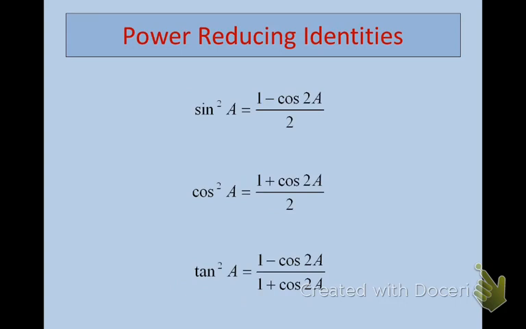All right, your power reducing identities. Notice that we have formulas for the sine squared, cosine squared, and tangent squared. They're your Pythagorean identities. But keep in mind that when I replace the sine squared, I would replace it with 1 minus the cosine squared. So did I get rid of the power when I do the Pythagorean identity?